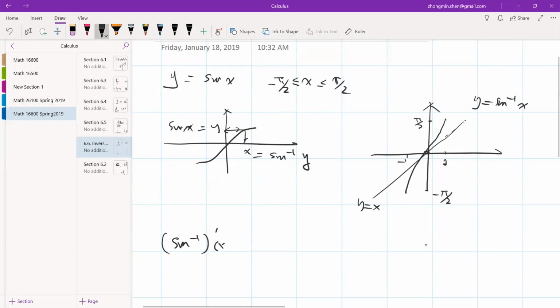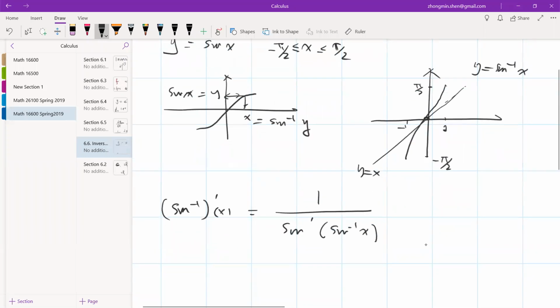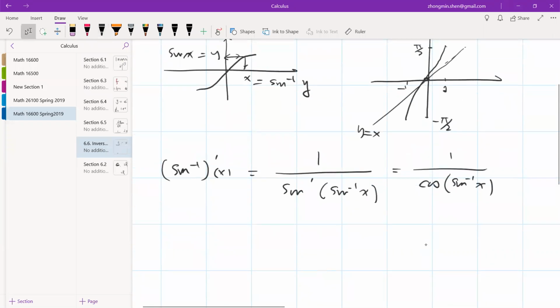The derivative of the inverse function, f prime, according to the formula will be 1 over sine prime, and sine prime is going to be cosine. So we get this formula. That's the derivative of the inverse function.